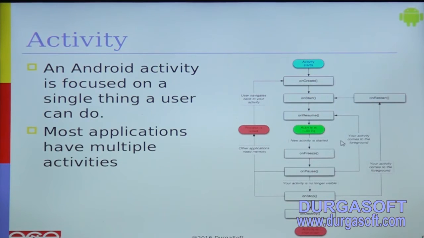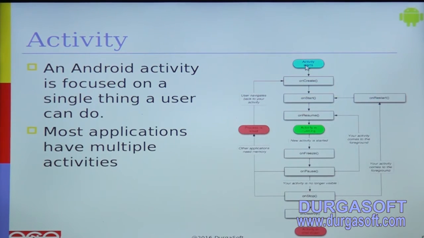Before seeing why we call it Android activity instead of Java class, we're going to see the activity lifecycle now. The activity lifecycle is something that you should understand very clearly in order to understand how an application works. For example, you see the very first state.